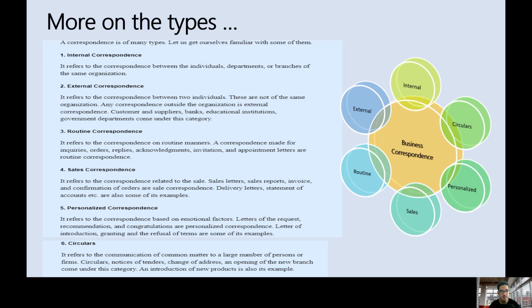Then we have routine correspondence. Routine correspondence are emails or written format on routine manners. So think of things that happen on a daily, weekly, monthly, or even yearly basis. It happens around the same time. So orders, replies, acknowledgments, invitations.